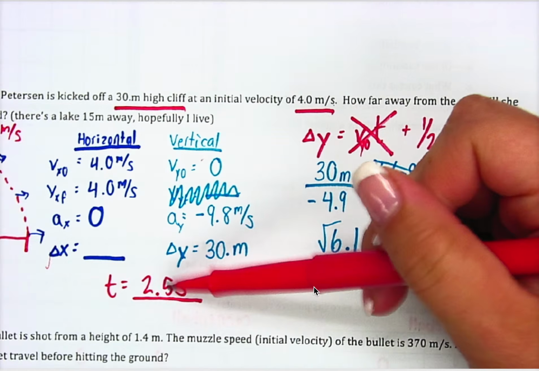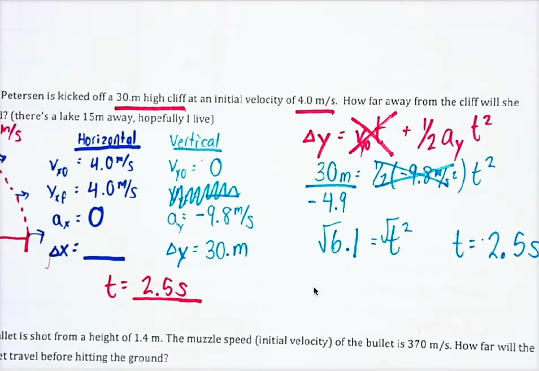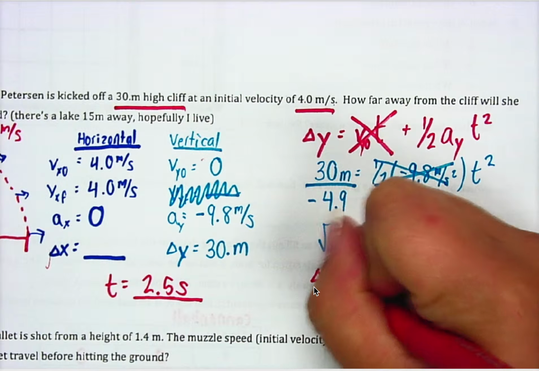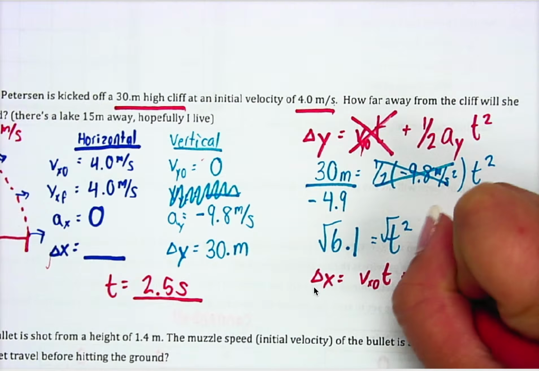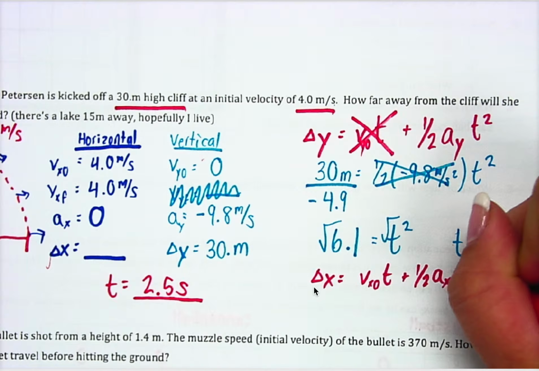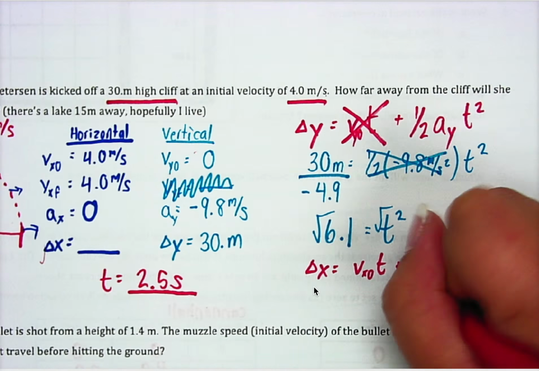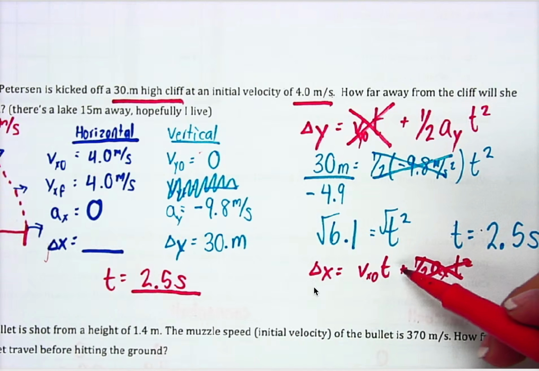Now I can use my time to solve for how far across I will go. I'm going to be using the same equation, but now in the x component. So delta x equals v x initial times time plus 1/2 acceleration in the x component times time squared. There is no acceleration in the x component. So I basically have distance equals velocity times time.